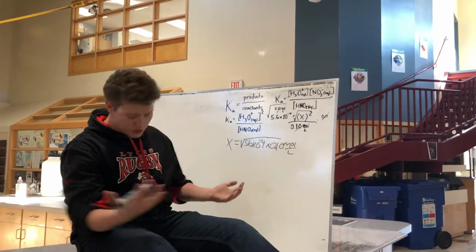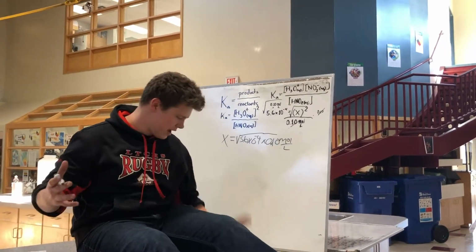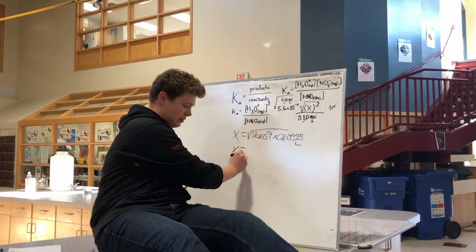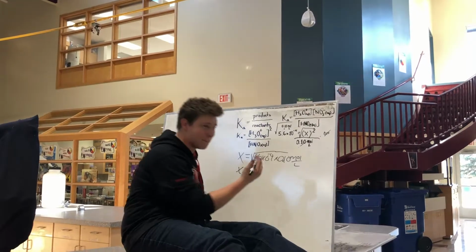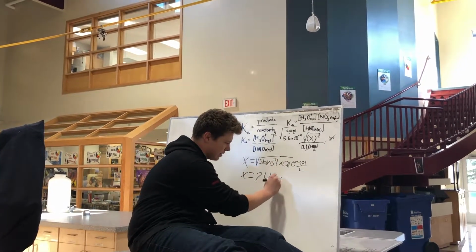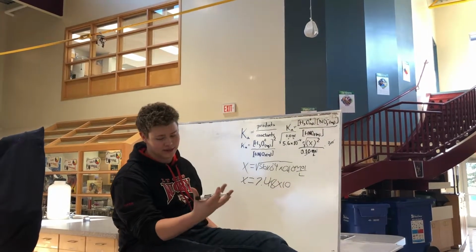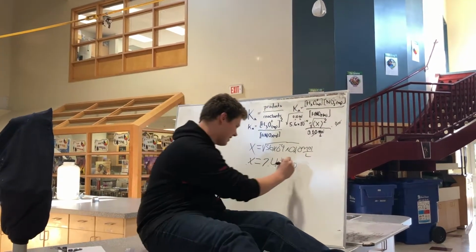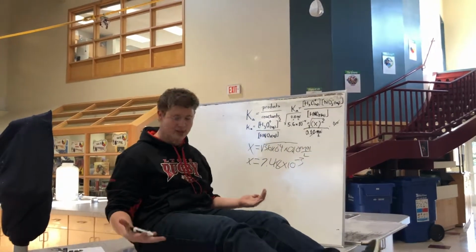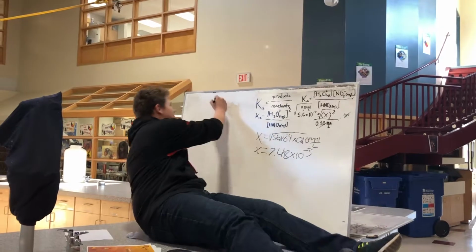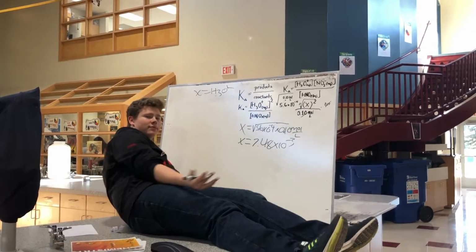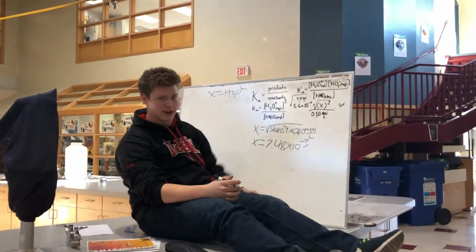Once you do that, x equals 7.48 times 10 to the negative 3. So that's x. So that's our hydronium. So x equals H3O positive.